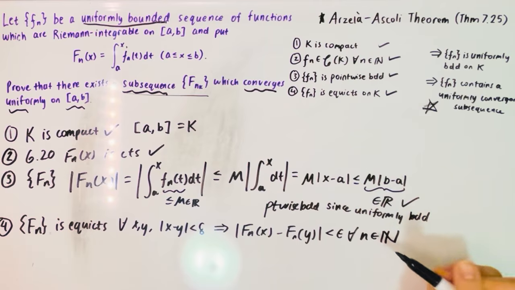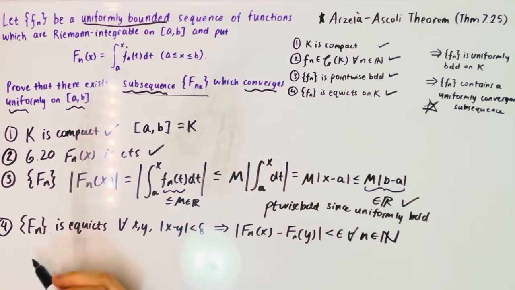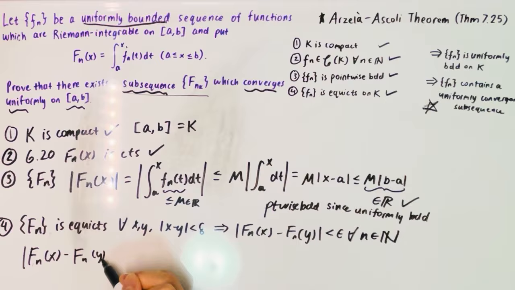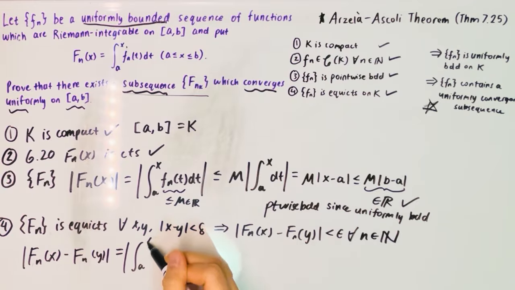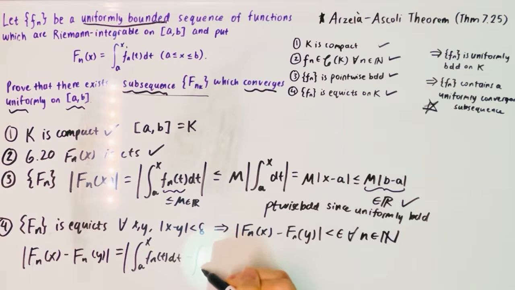So this should work for all the functions in this family. And for this, we do a similar thing as up here. So F_n(x) minus F_n(y) is going to be equal to the integral from a to x of f_n(t) dt minus the integral from a to y of f_n(t) dt.